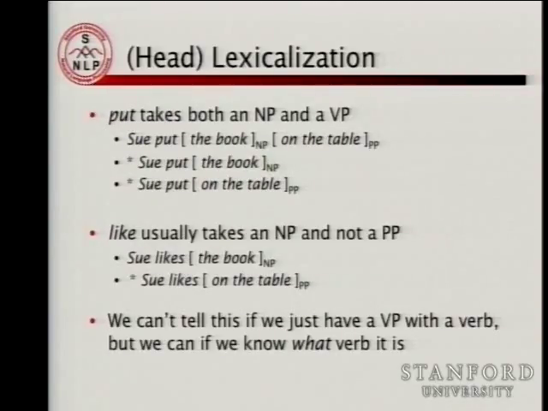So Sue put the book on the table is good, whereas Sue put the book basically doesn't work, and Sue put on the table basically doesn't work. Whereas lots of other verbs are just transitive and will only take an object. So Sue likes the book is normal. Sue likes on the table, that's weird. So we need to know about the verb to know how to predict things.